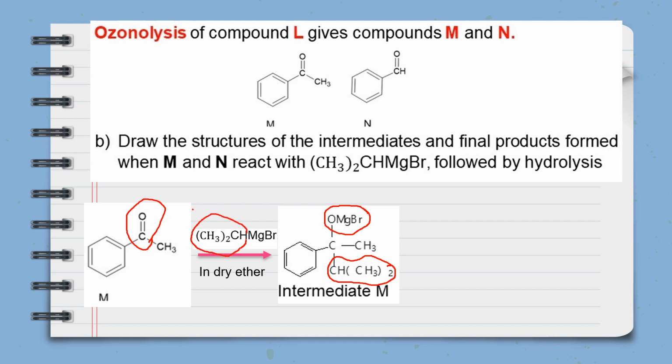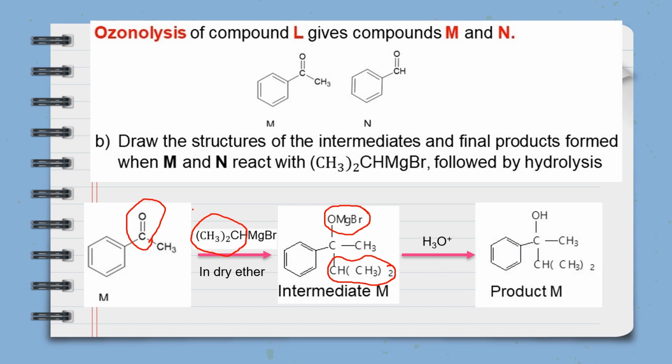Now we continue with hydrolysis of intermediate M. It gives a tertiary alcohol, which is the final product M. This gives you 1 mark for the intermediate M structure and another 1 mark for the product M structure.